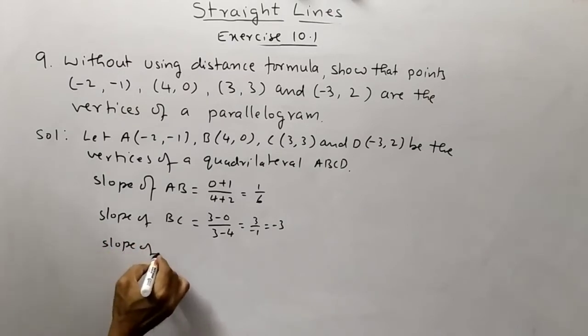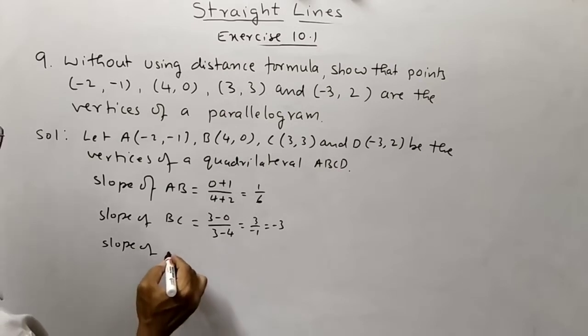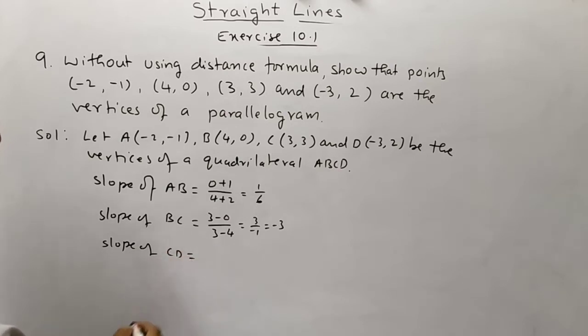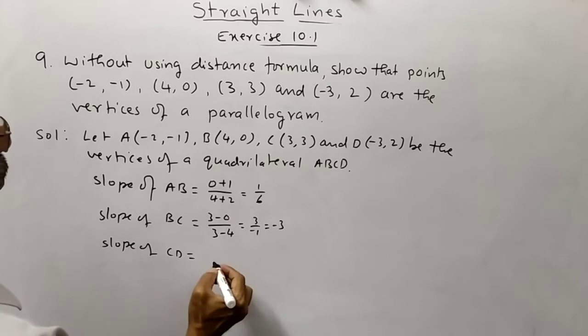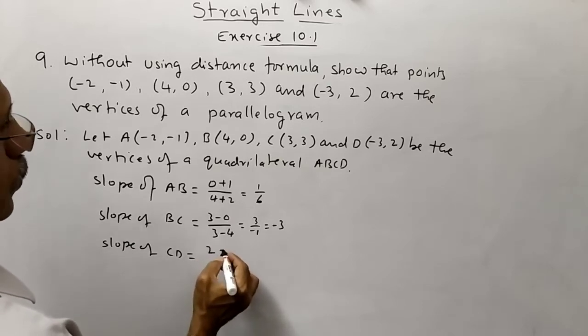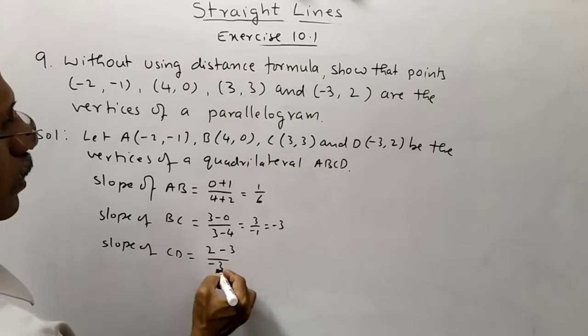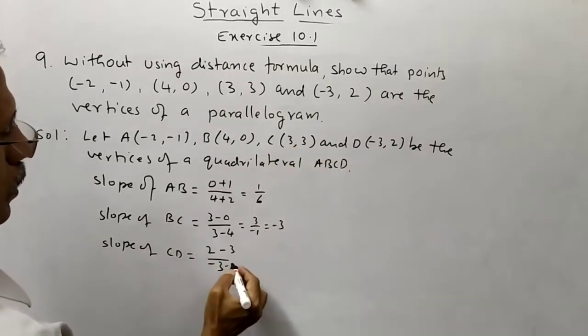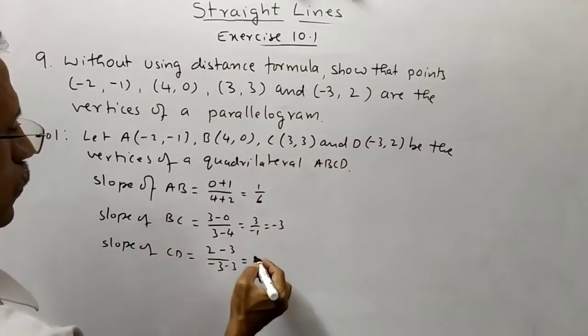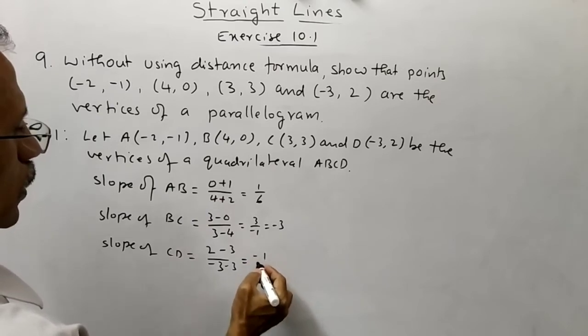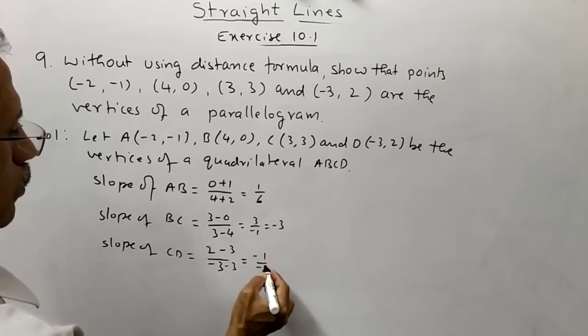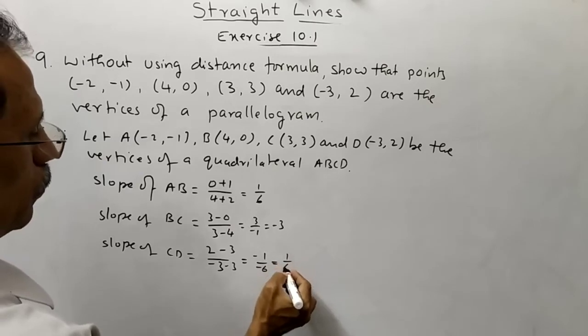Slope of CD is equal to (2 minus 3) divided by (-3 minus 3), which is equal to -1 divided by -6, which is equal to 1 by 6.